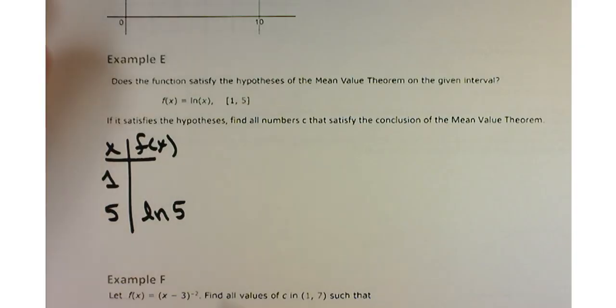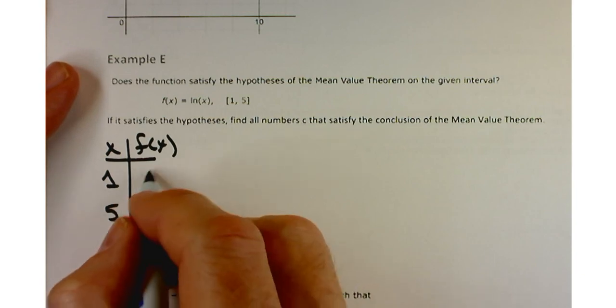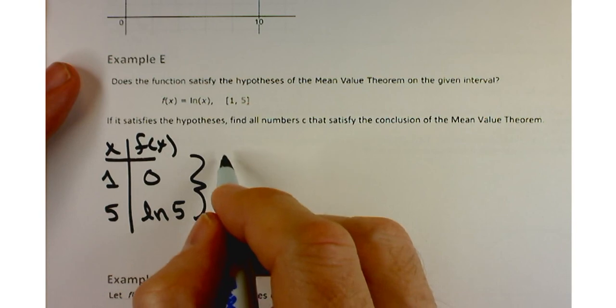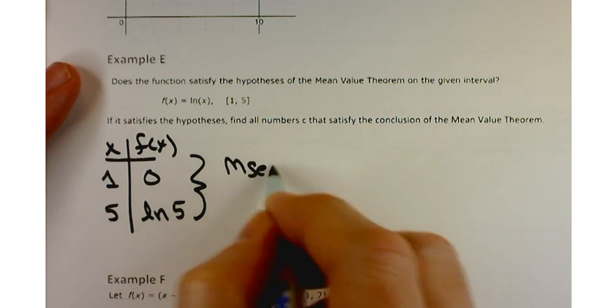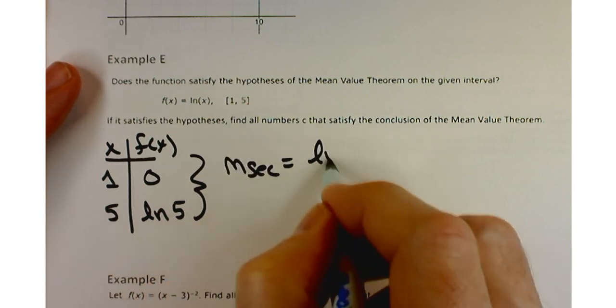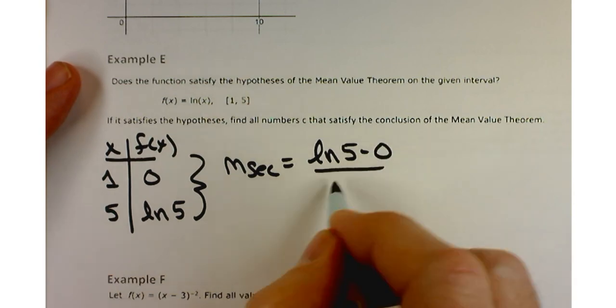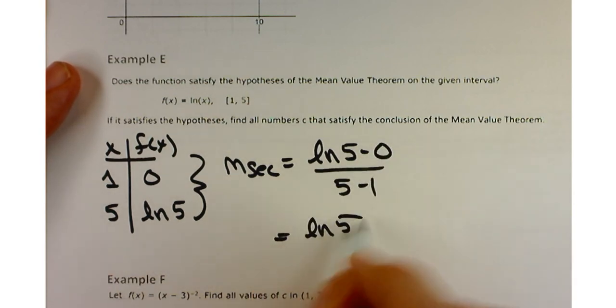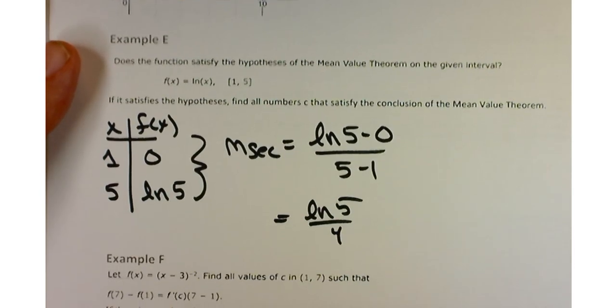Log of any base of 1 is always going to be 0. So let's use this to find the slope of the secant line. And so secant is going to be the log of 5 minus 0 over 5 minus 1, or ln of 5 over 4. Nice.